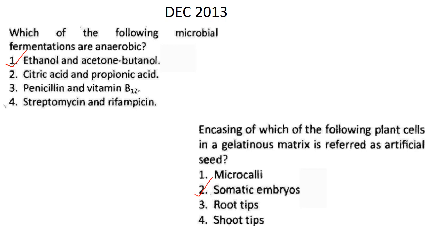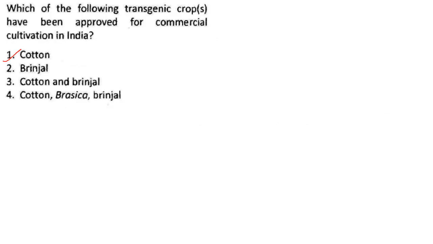So it is somatic embryos that are encased in the gelatinous matrix and they are referred to as artificial seed. Next one. Which of the following transgenic crops have been approved for commercial cultivation in India? So it is cotton, which has been approved for commercial cultivation in India.